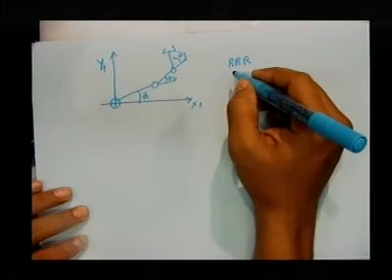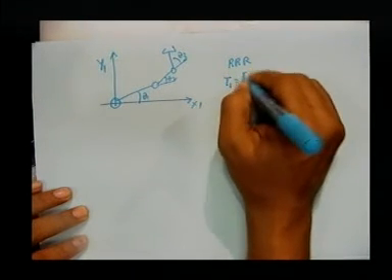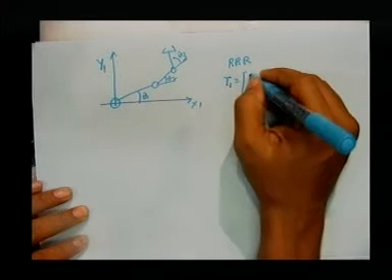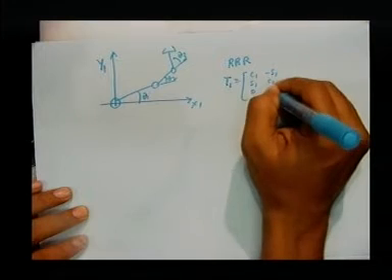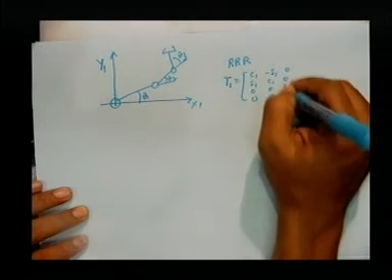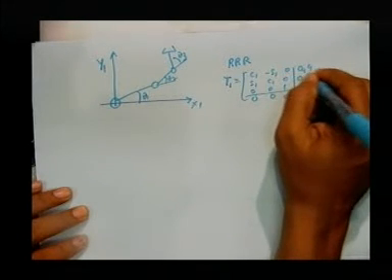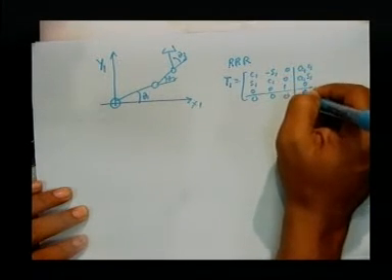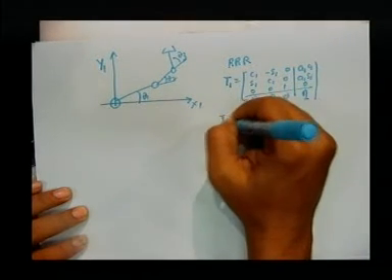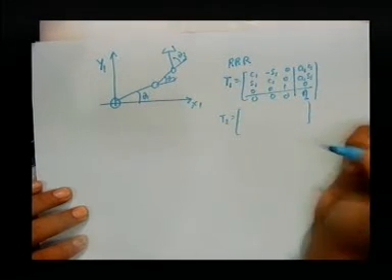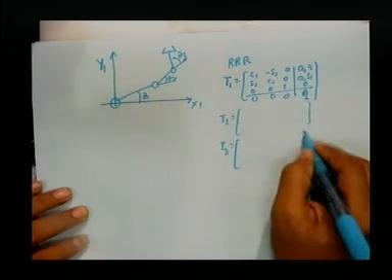If you go back to our chapter 5, there we have checked T1. This portion is similar to the 2 link: cos theta 1, sin theta 1, 0, 0; minus sin theta 1, cos theta 1, 0, 0; 0, 0, 1, 0, and this column will be A1 cos theta 1, A1 sin theta 1, 0. If I put 2 instead of 1, this will become T2, and then T3 if you put 3 instead of 1.